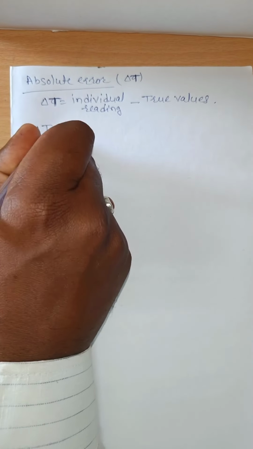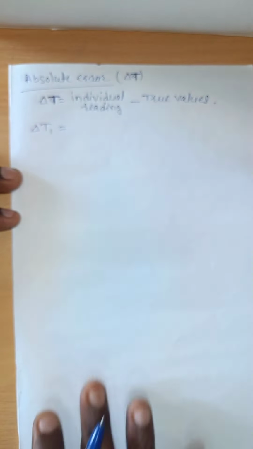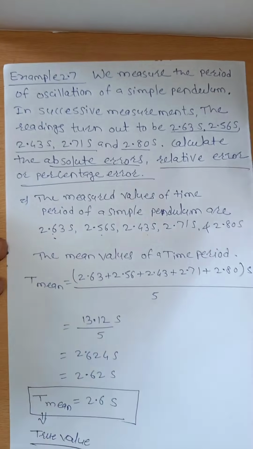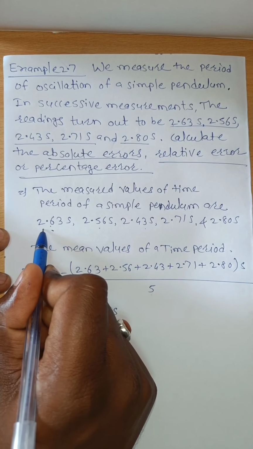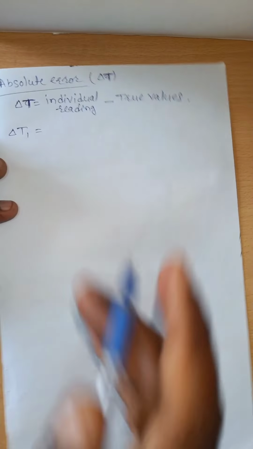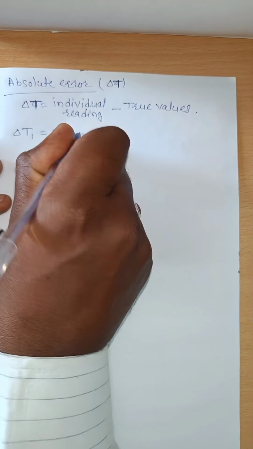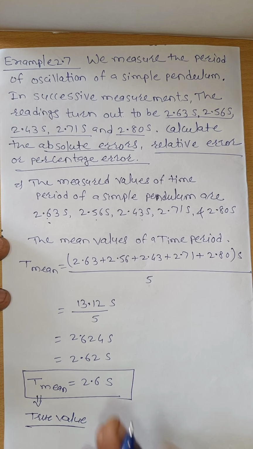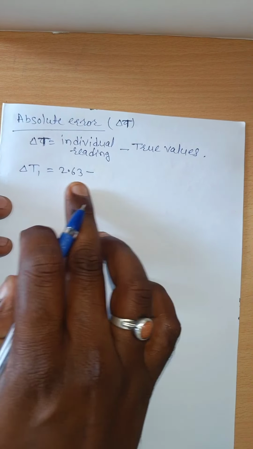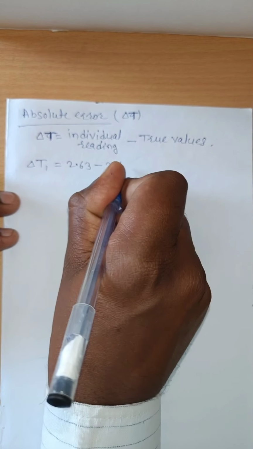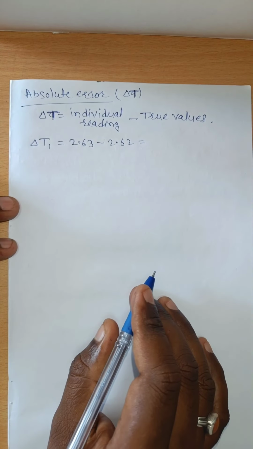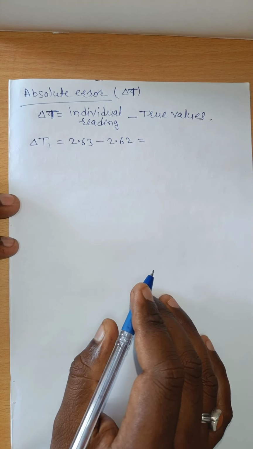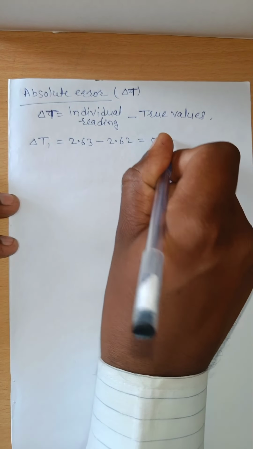Now delta T1 is equal to the first individual reading, that is 2.63, minus the true reading, 2.62. 2.63 minus 2.62, you get 0.01.